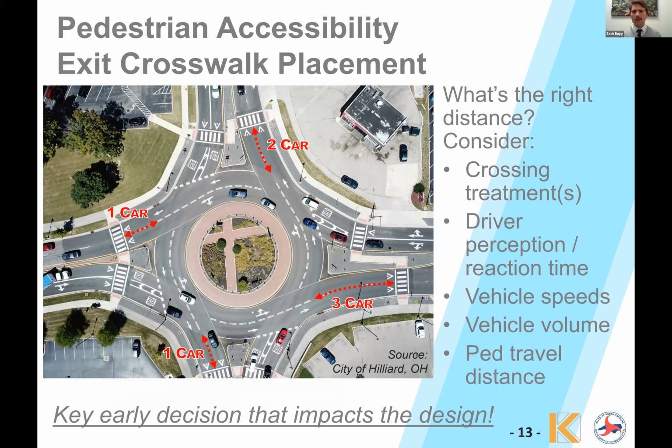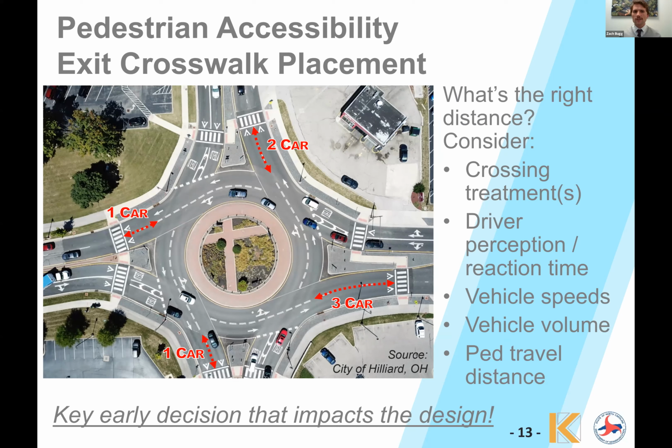roundabout. We may consider lengthening that, especially when there is a signalized treatment, so you can provide conduit out there, provide adequate spacing, especially on the exits, so that a driver or a vehicle can see that overhead signal installation and have a space to actually stop, having that stop bar about 40 feet ahead of that signal.